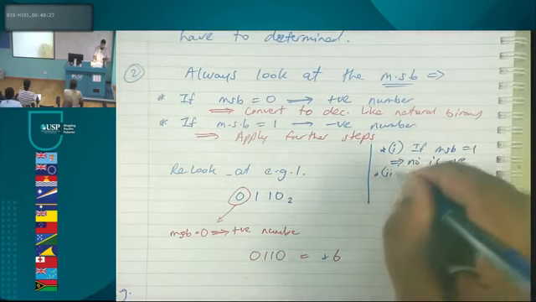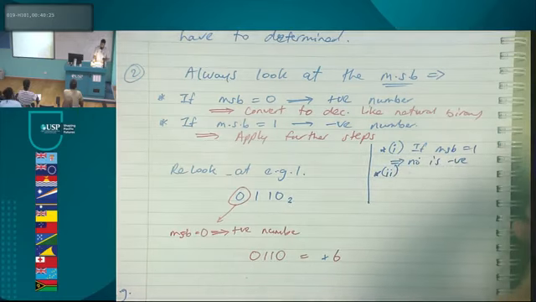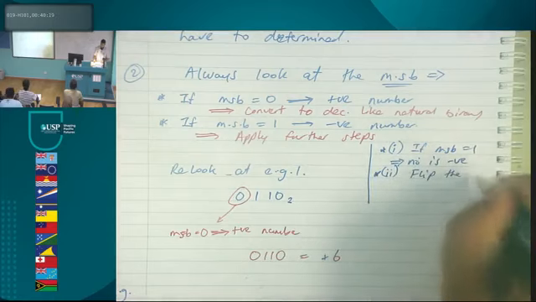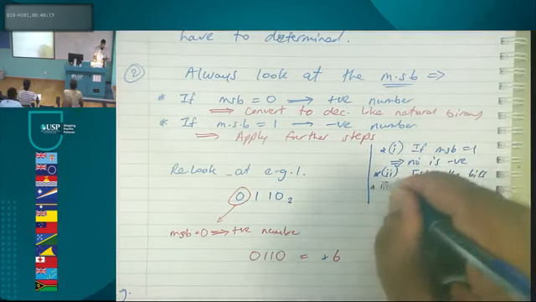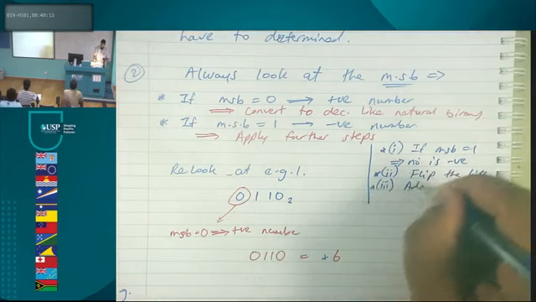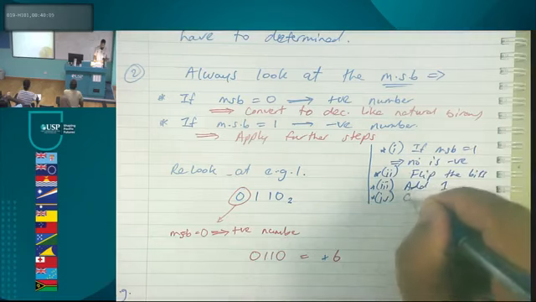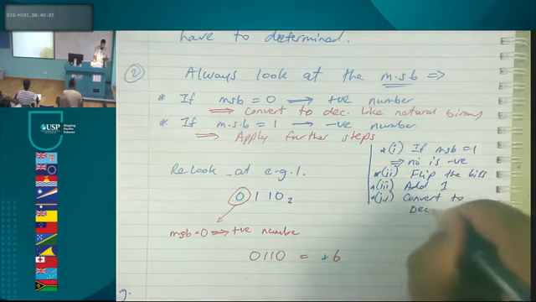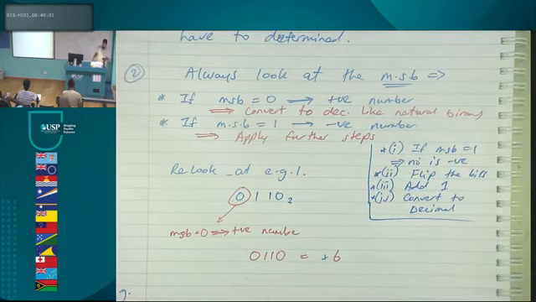Step 2: you've got to flip the bits. Step 3: you add 1. Step 4: convert to decimal.